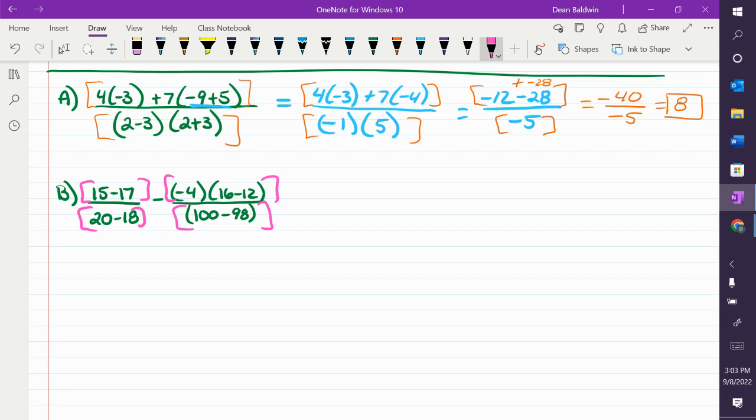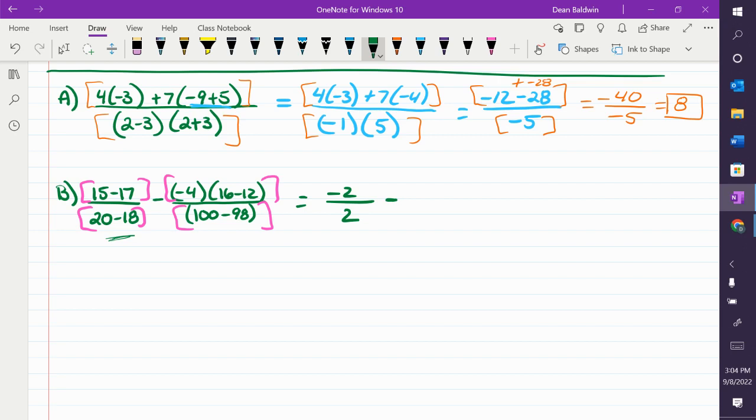Okay, the one on the left, 15 minus 17. Negative 2. And then you can do the bottom. What's 20 minus 18? Now we're doing this stuff.